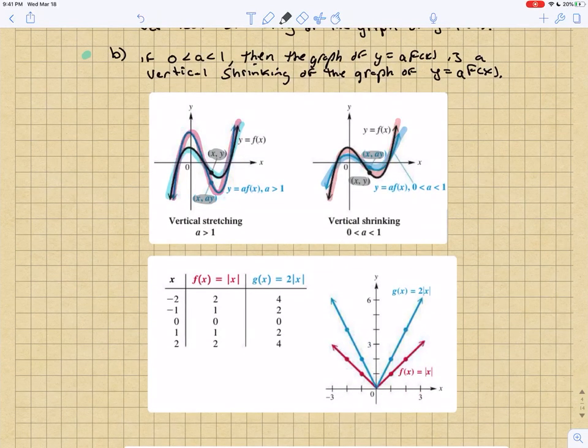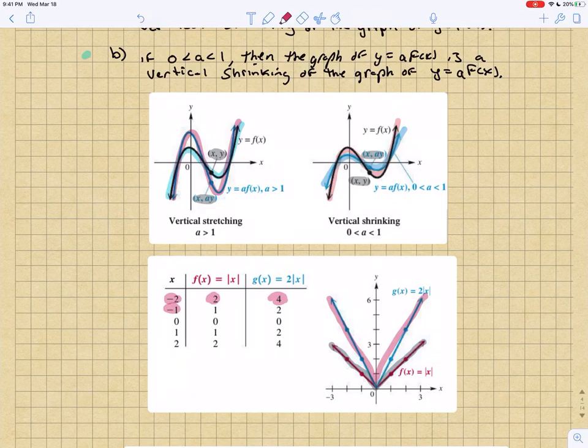Here's another example. F of x is equal to the absolute value of x. That's the parent graph. Then we have the function y is equal to g of x. G of x is equal to 2 times the absolute value of x. Now we look, when x is negative 2, I get a 2 in the original, but I get 4, twice the size.